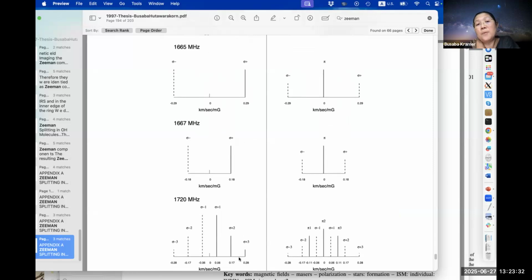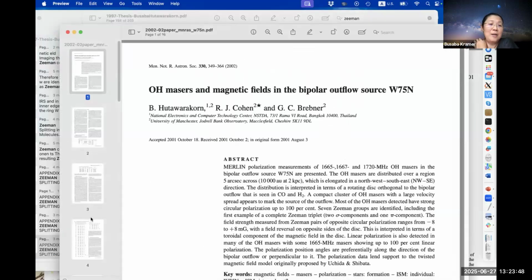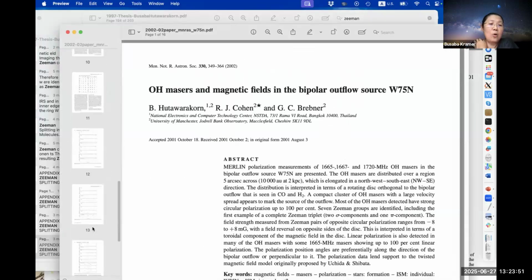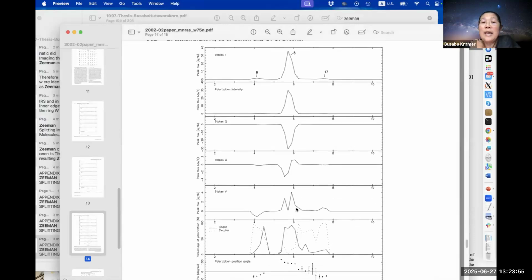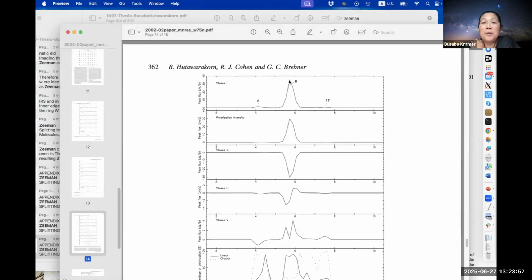However, if you can observe those three lines together, at the same time and at the same source, and you can confirm with interferometric or VLBI, you will be able to really confirm that it's a real Zeeman pair.